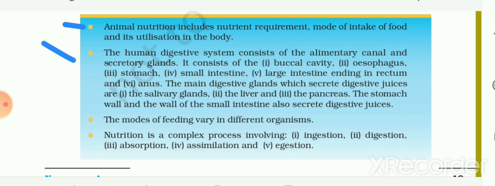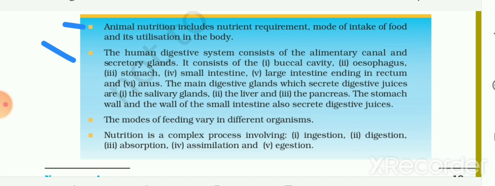The main digestive glands which secrete digestive juices are the salivary glands, liver and pancreas. The stomach wall and the wall of the small intestine also secrete some digestive juices.